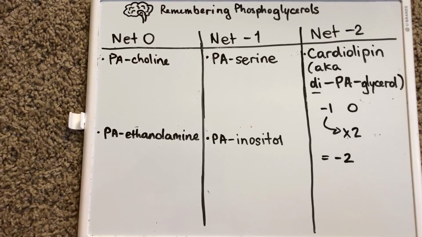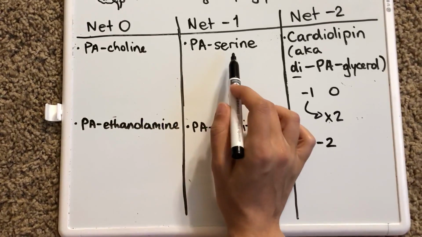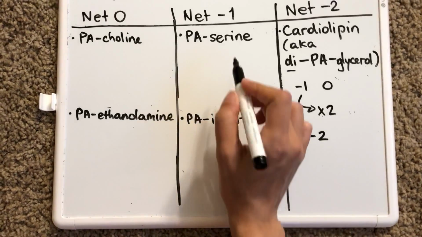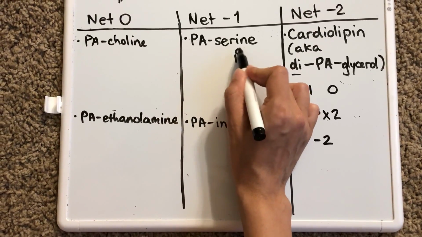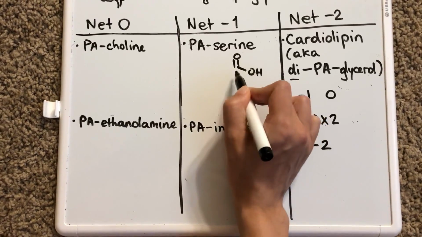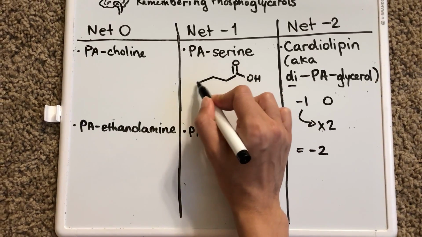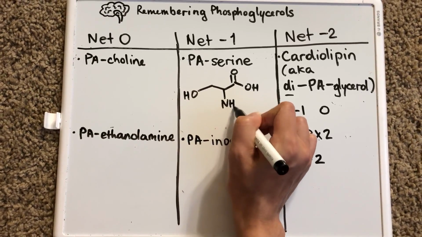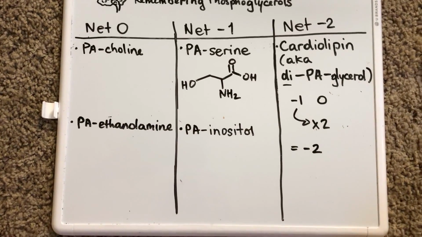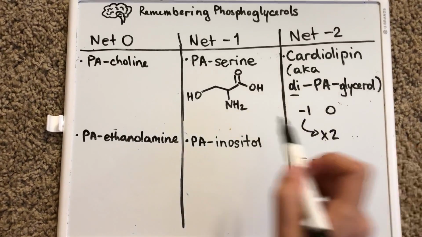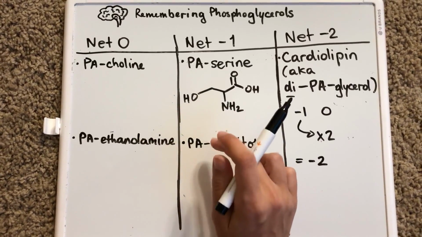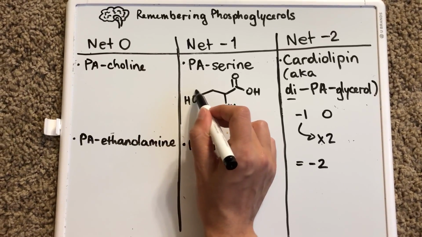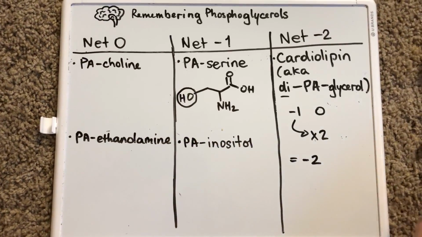So we have phosphatidylserine. Serine is an amino acid. It looks like this. And when it's combined with phosphatidate, it combines at this part with its hydroxy group.